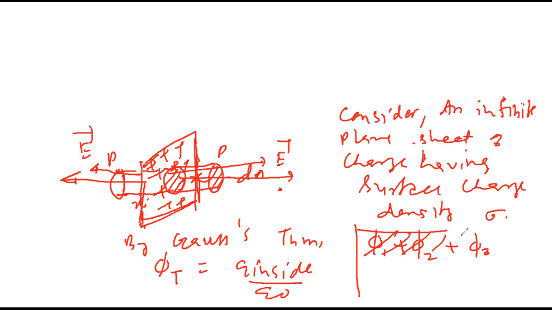Wait a minute, there is no space, do this much first. Plane sheet, charges will be on both sides. So I have taken point P, it can be on the right or left, and drawn a Gaussian cylinder of cross sectional area dS, and its distance is x from the plane sheet on either side.